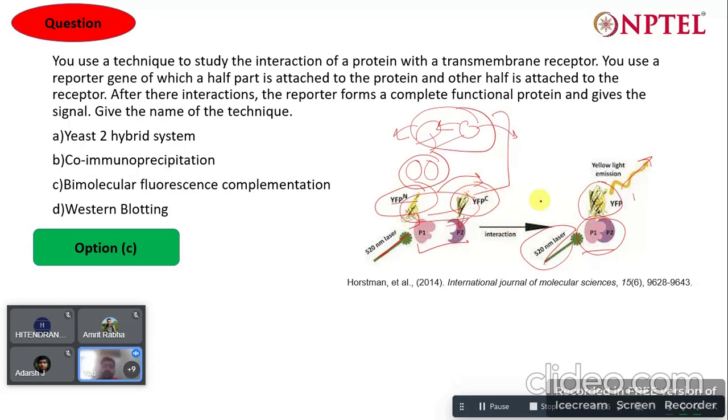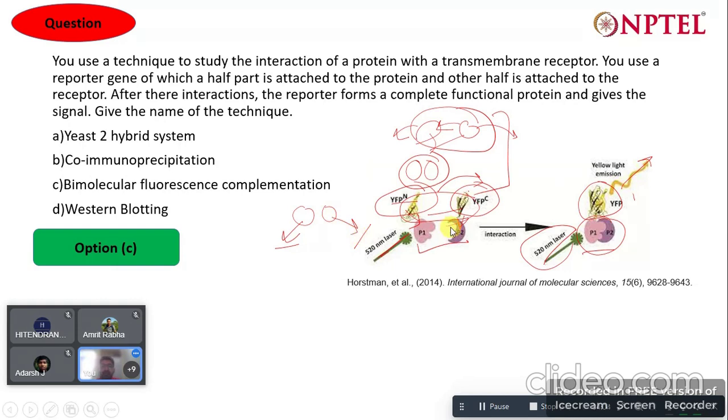Now, how it's different from yeast two-hybrid system is that in case of yeast two-hybrid system, we use two different proteins that are fused with the DNA binding domain and the activation domain of a transcription factor that is used in yeast.